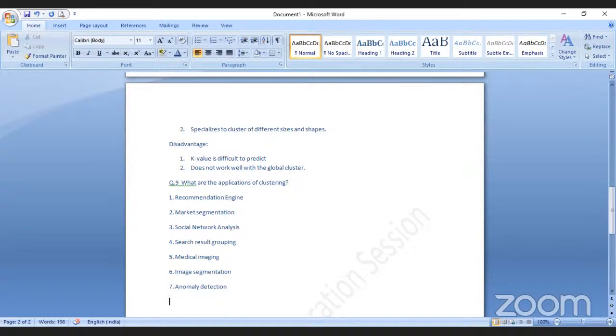So these are some applications of clustering. Even for optimizing other models, we use clustering. So recommendation engine, market segmentation, social network analysis: these are all some of the uses or applications of clustering.